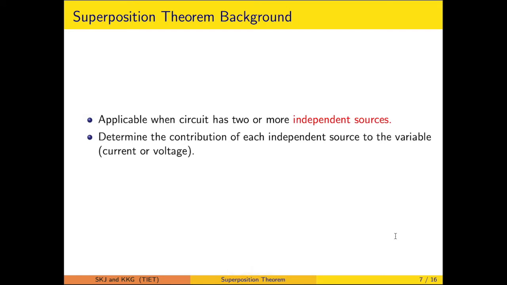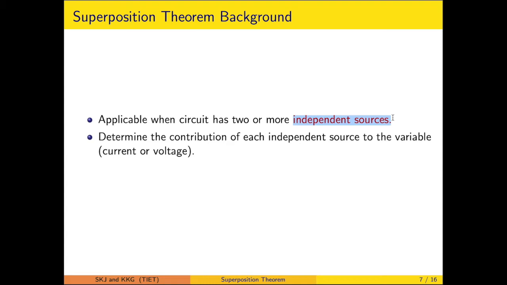With this background, we will be in a position to discuss the superposition theorem. Superposition is applied when the circuit consists of two or more independent sources. That is important. There are situations where we wish to find the contribution of an individual source.